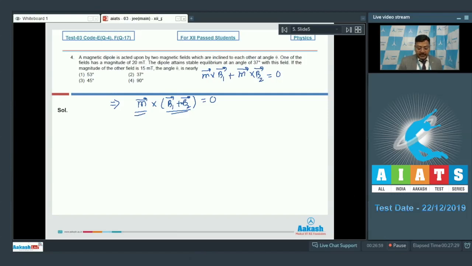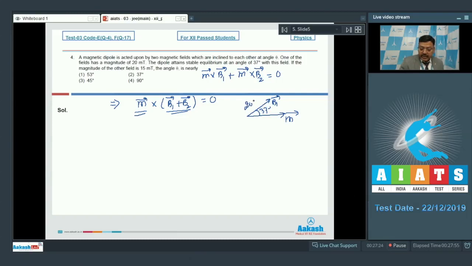So that being the case, let's also try and draw the situation here. Suppose this is vector M, and one of the angles, the angle between vector M and vector B1 is 37 degree. So let's say this is our vector B1 and this angle is 37 degree.